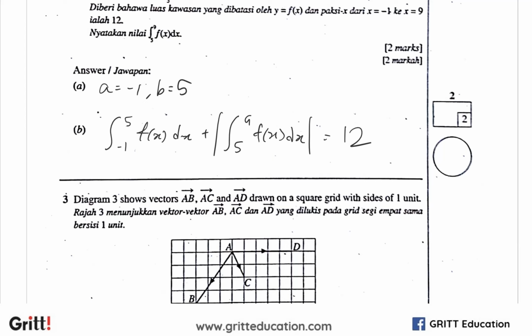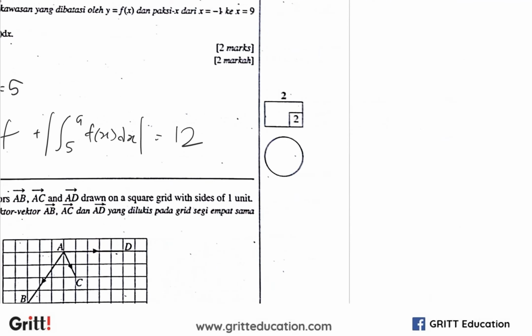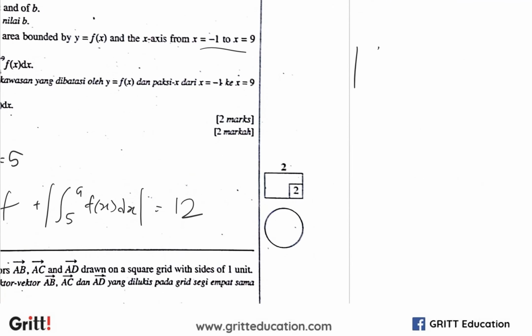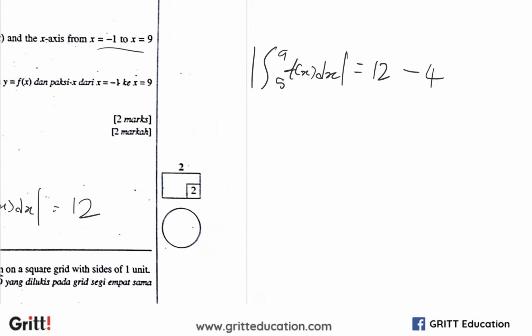So this part over here, we already know that the answer is 4 units. So from here, let me write that down here. So the modulus of the integral from 5 to 9 of f(x) dx is equal to 12 minus 4.